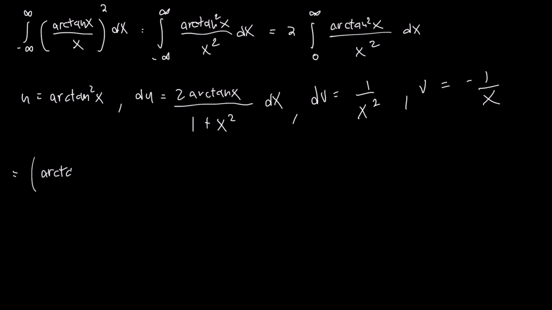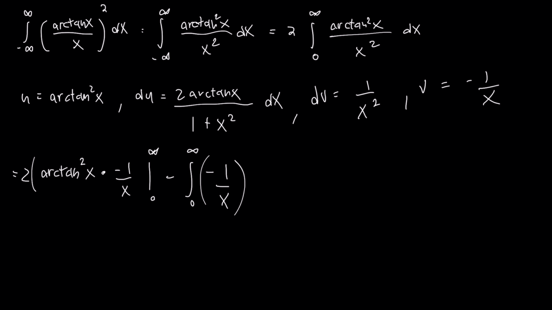So we're going to have arctangent squared of x times negative 1 over x from 0 to infinity. We have a 2 here, and then minus the integral from 0 to infinity of v du, so twice the arctangent of x over 1 plus x squared dx.